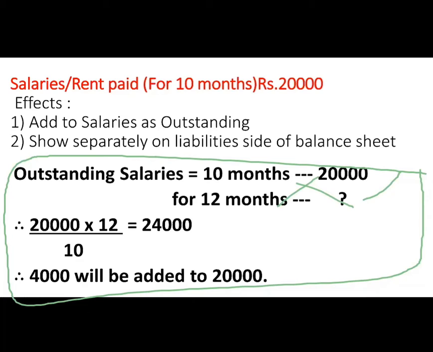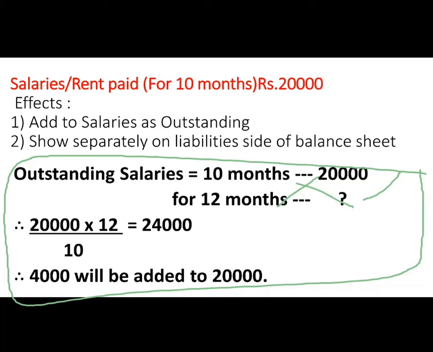For 10 months the salary is 20,000 and for 12 months the salary should be 24,000, which means 4,000 is given less for the salaries to be paid. That is nothing but outstanding. So this 4,000 will be added to the salary, and the second effect will be shown on the liabilities side of the balance sheet, because everyone knows where the second effect of outstanding goes: the liabilities side of the balance sheet.